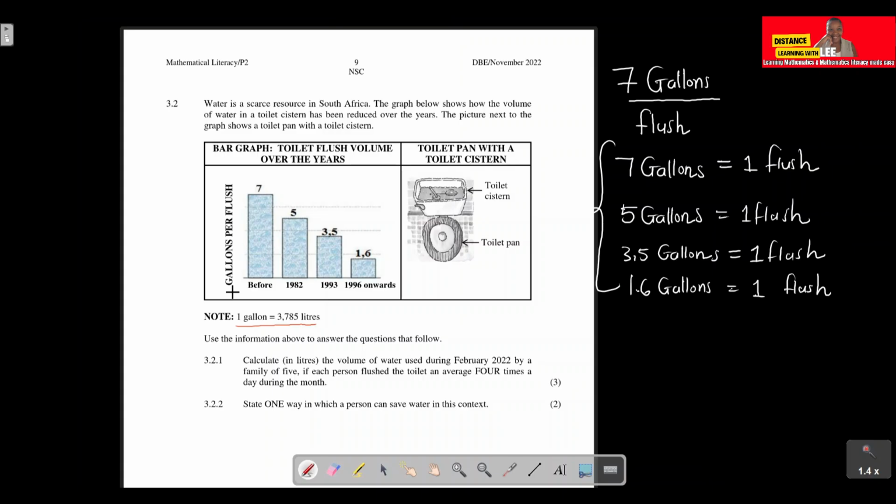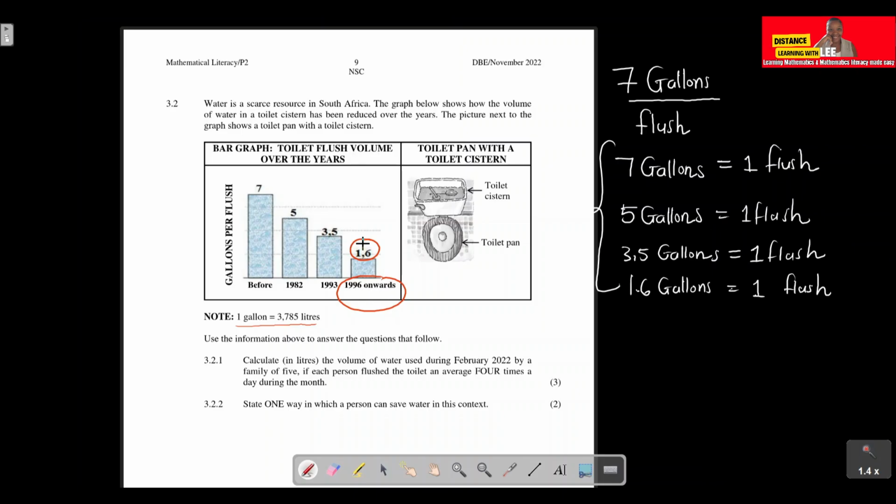But remember, guys, we are told here that from 1996 onwards, people used 1.6 gallons just for one flush. So that tells us that in 1997, 1998, going all the way up until 2022, because this paper was written in 2022, people would use 1.6 gallons of water just for one flush.